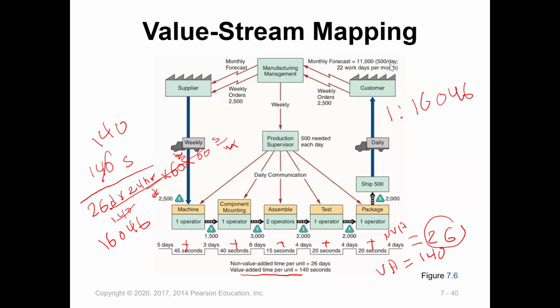This information should be given. So see here, they are shipping 500 units every day.